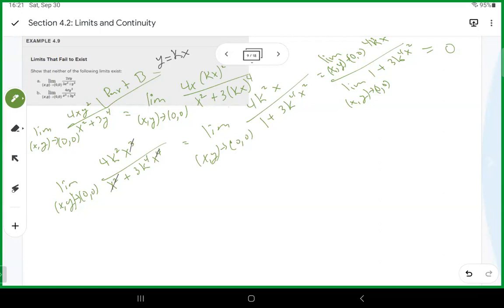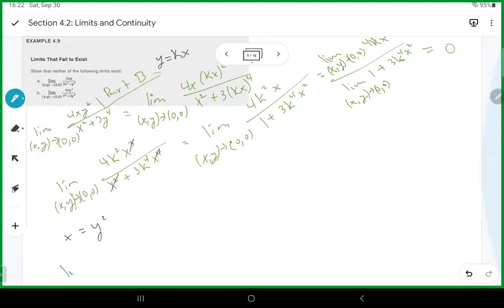What if we choose a curve passing through the origin instead? For example, we can consider the parabola given by the equation x equal to y squared. I don't know if I'll have enough room on this slide, but we will try. Substituting y squared in place of x, we would have the following.